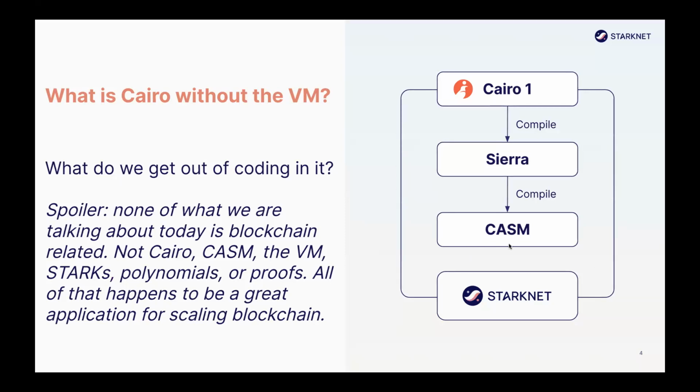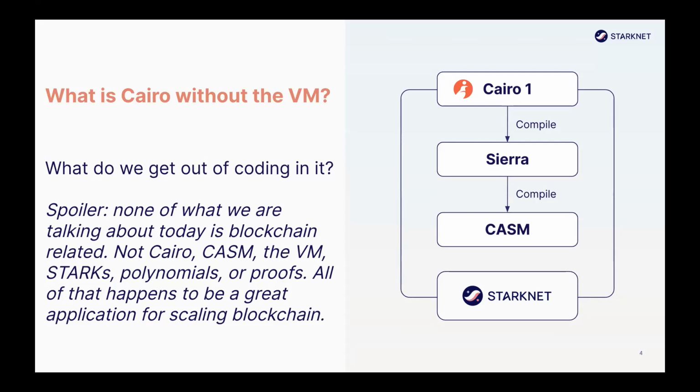Yeah, so what's important here is that it says Starknet here, but the point is that when we write code in Cairo, we are able to compile it to CASM. And at this point, we are not anywhere near blockchain, right? So Cairo can be written completely off-chain, it can be run off-chain, and it can be proven off-chain, and it can be verified off-chain, right?